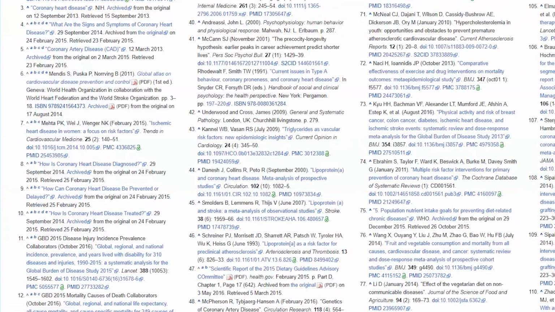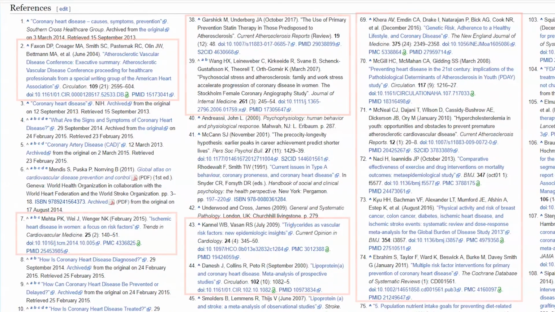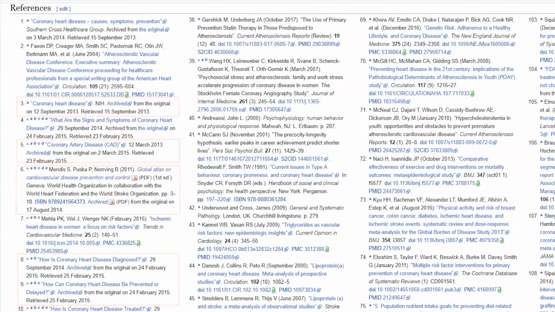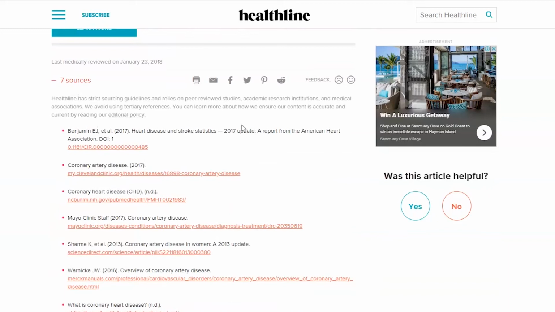The Wikipedia page has over 100 sources given, and most seem to be either peer-reviewed articles or reports by well-respected organisations like the World Health Organization, World Heart Federation, and US National Institute of Health. The Healthline page lists 7 sources, which are a mix of peer-reviewed articles and some websites.